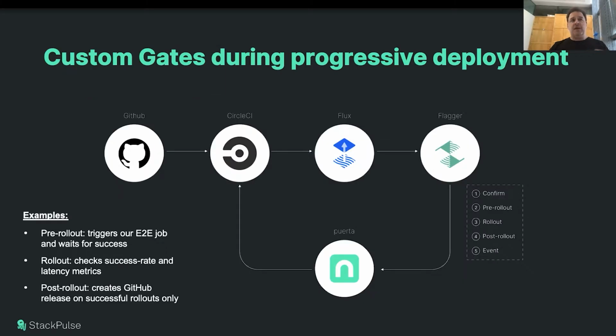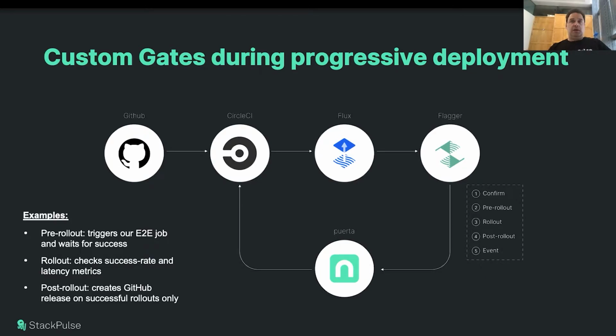To dive in a bit more, during various stages of our progressive deployment, we use the capability that Flagger has, and we call out external webhooks to our own service. We call it Puerta because it does certain gates. And in this service, we enrich the progressive deployment with additional functionality.